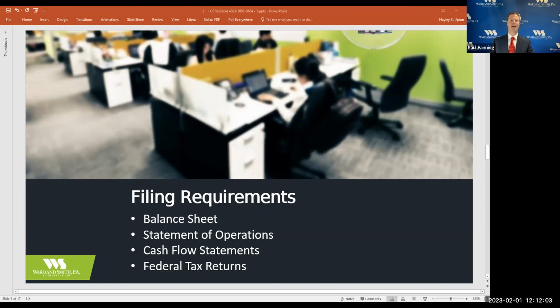We're going to talk about the fact that Subchapter V does not require a disclosure statement. Most all of you know exactly what that is. It's not required in a Subchapter V, but in its place, there are ongoing financial reporting obligations.